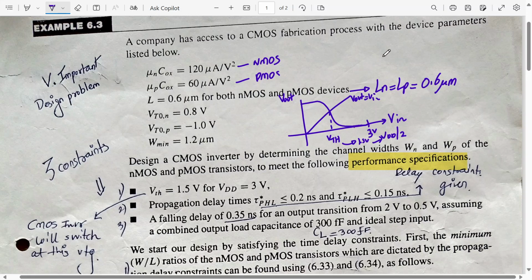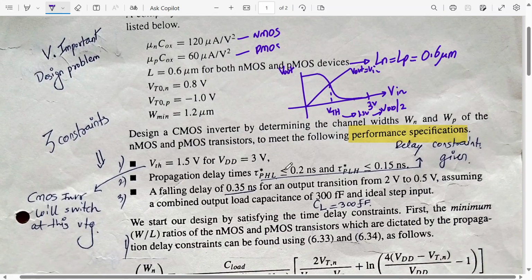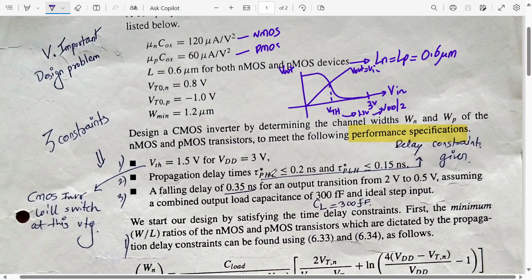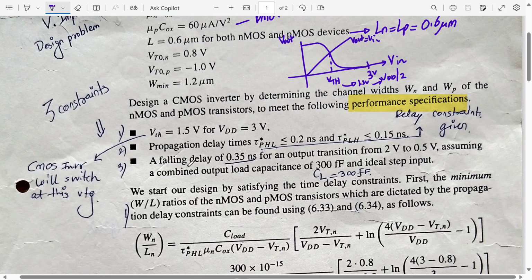And then they have given that your propagation delay time tau p HL should be less than or equal to 0.2 nanoseconds. It cannot be greater. It has to be less than this, and tau p LH should be less than or equal to 0.15 nanoseconds. So these are the design requirements given to you already. And the third is a falling delay of 0.35 nanoseconds for an output transition from 2 to 0.5 volt.